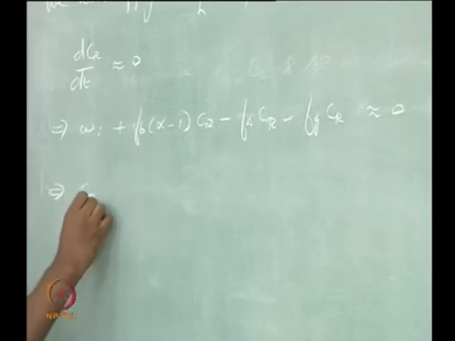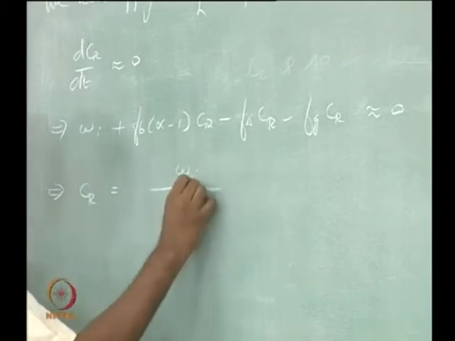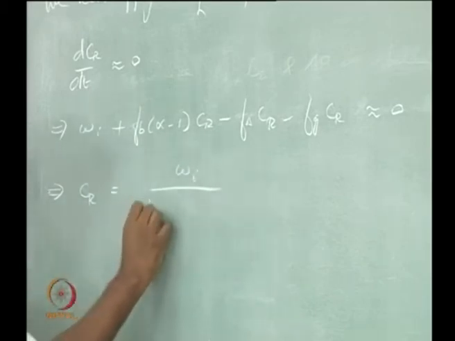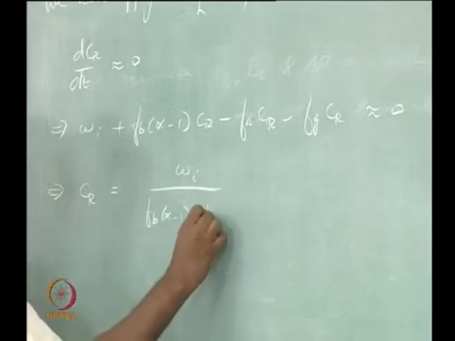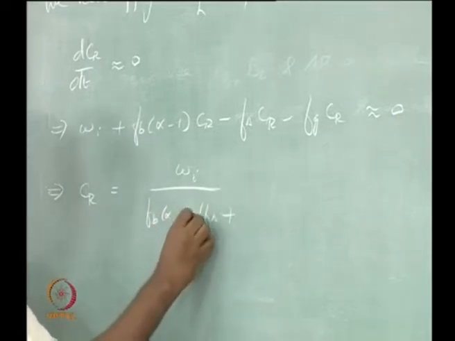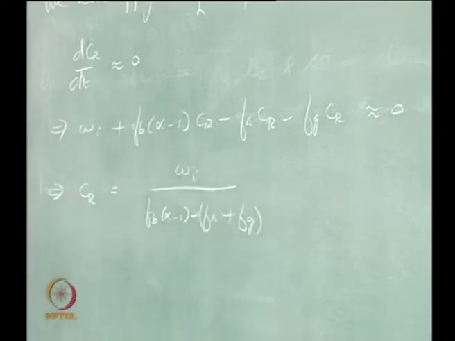So this implies Cr is equal to omega I divided by Fb (alpha minus 1) minus Fs plus Fg. Okay. So the steady state approximation did this for us. You go back and think about what we did.